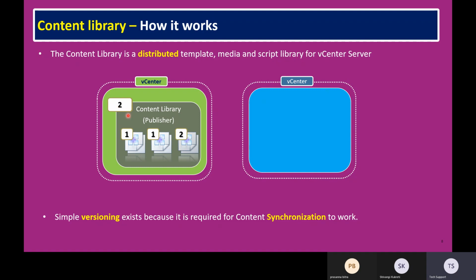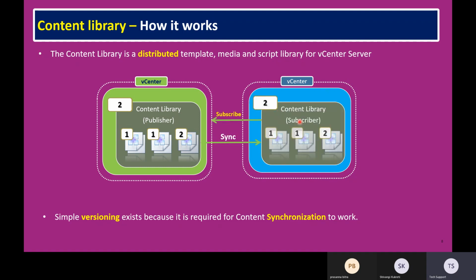Another point is, when we plan to assign to a remote location, the remote location has to subscribe to our publisher content library. When they subscribe to our publisher library, the data will automatically sync to our subscriber content library. Subscriber content library is nothing but our remote location vCenter server, which can be in any location.